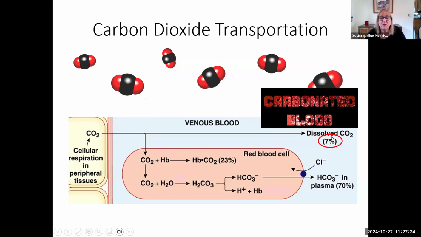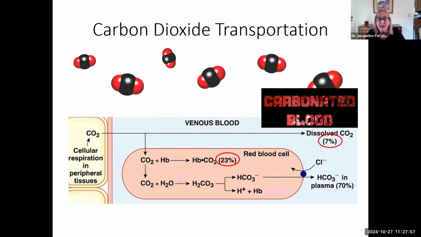All right, so now 23%, so almost a quarter of it is actually going to enter the red blood cell and bind to hemoglobin. Okay, so no, it does not bind to the iron. It has nothing to do with binding to the heme. It binds someplace totally different.